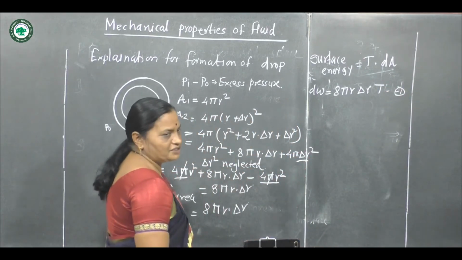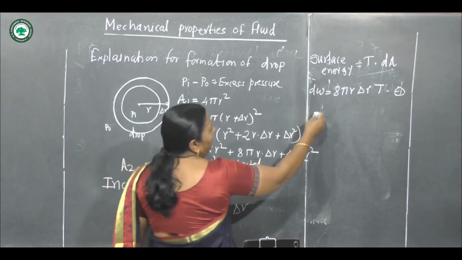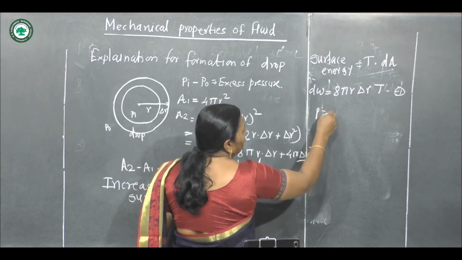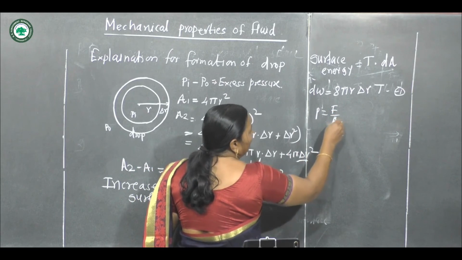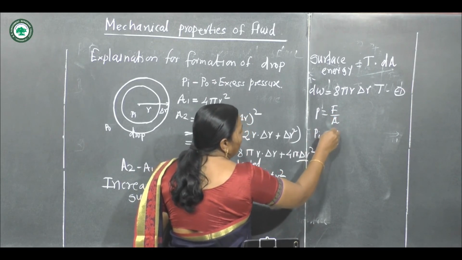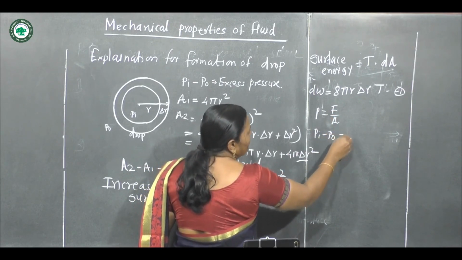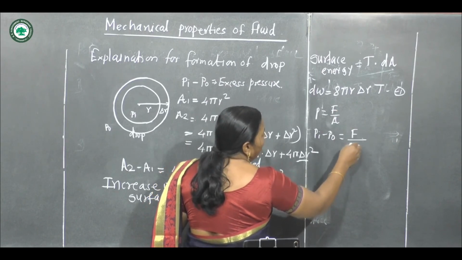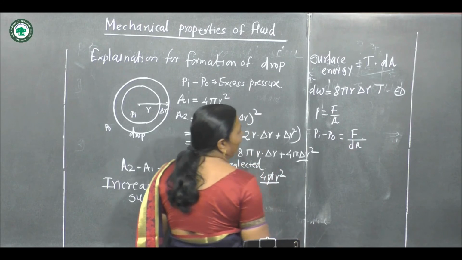Now from the definition, we know the pressure is equal to force per unit area. Here the pressure is Pi minus P0, the force F is the excess force, and the area is dA.